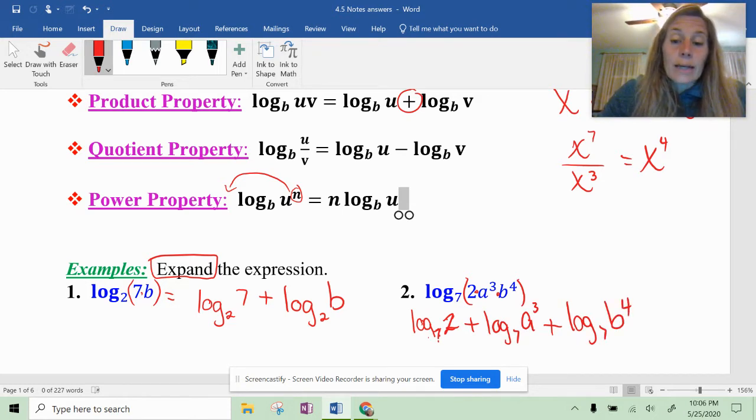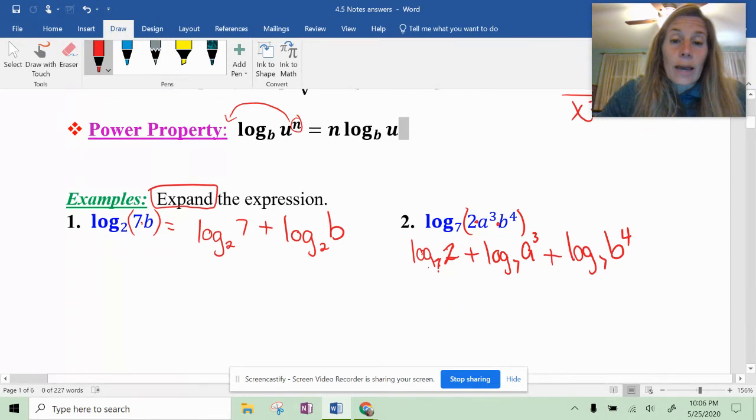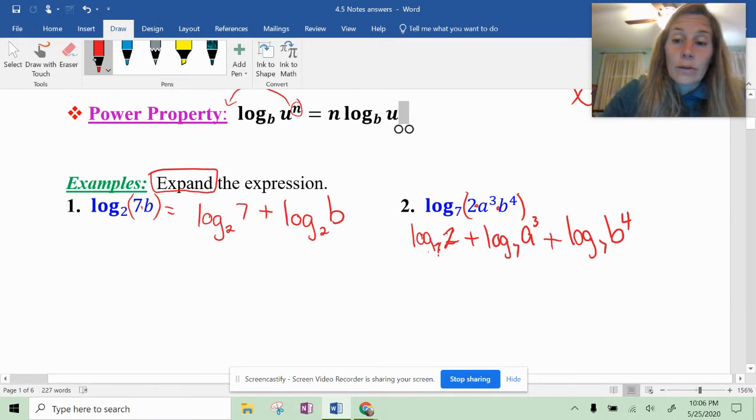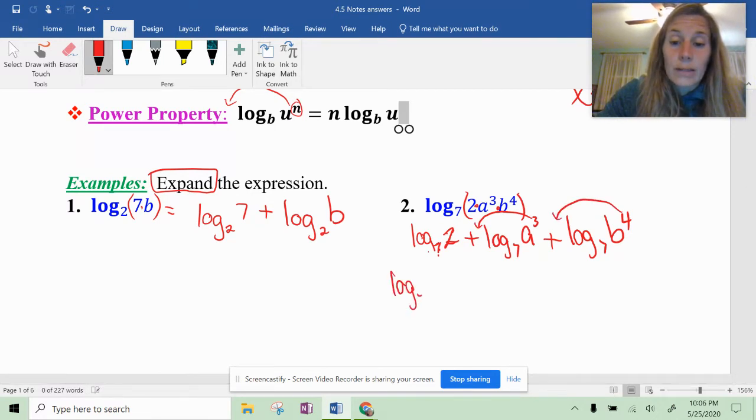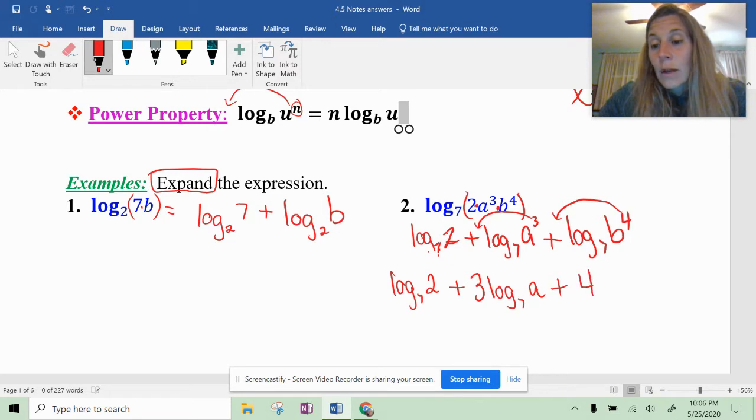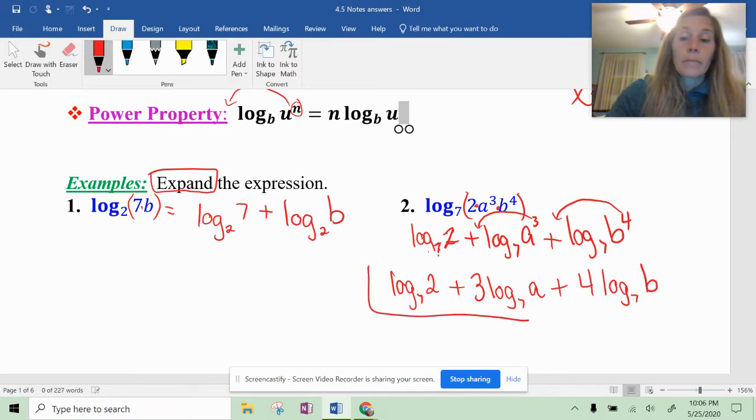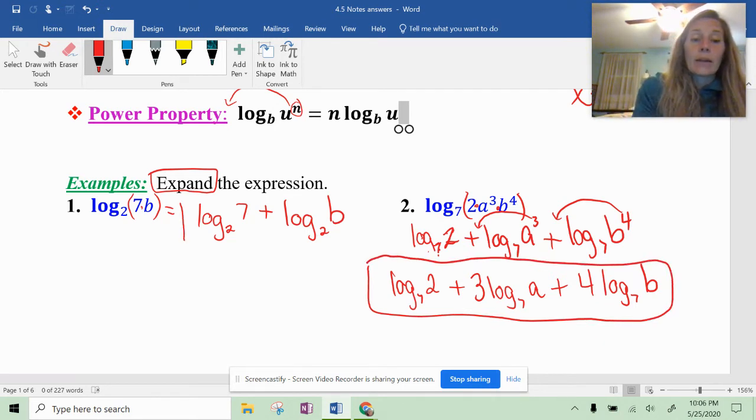Now each of those exponents is going to get bumped out to the front. This little 3 is going to come out to the front, and this little 4 is going to come out to the front. So our final answer would be log base 7 of 2 plus 3 times log base 7 of a plus 4 times log base 7 of b. That would be the expanded expression.